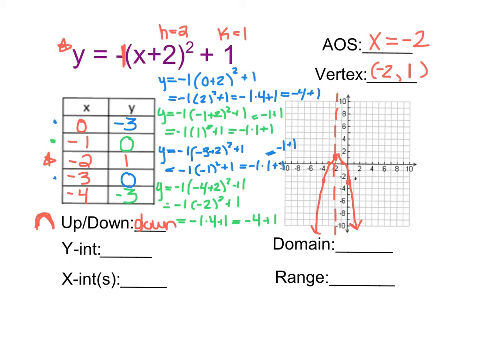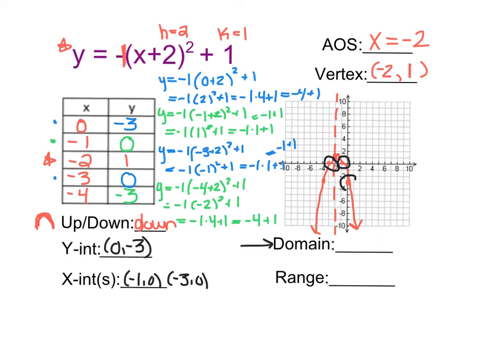My y-intercept is where I cross the y-axis, which is down here at the point x is 0, y is -3. My x-intercepts then occur here at -1, 0, and -3, 0, because that is where I cross the x-axis.